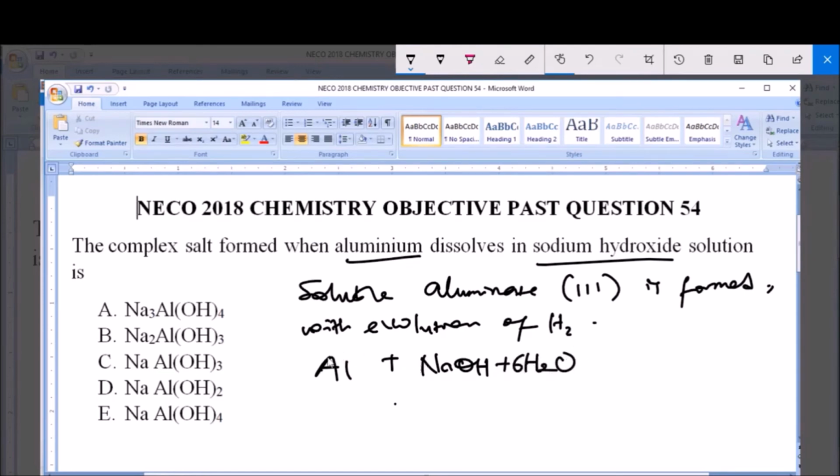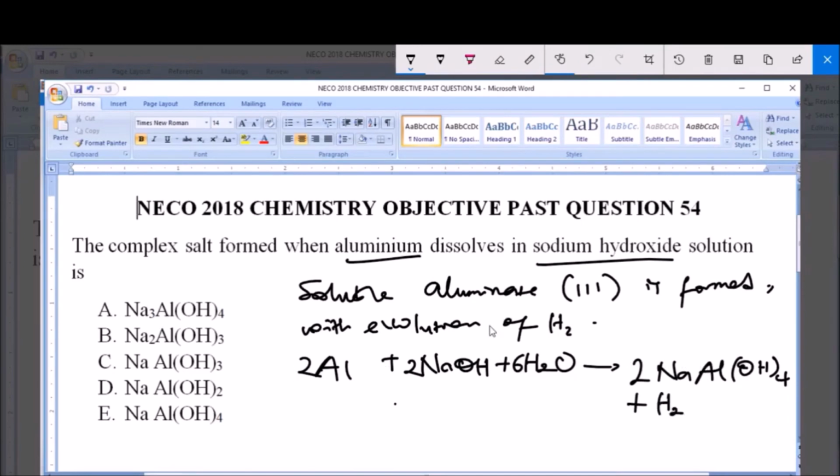So we require 2 moles of aluminium to react with 2 moles of sodium hydroxide, and this will give us 2 moles of soluble aluminate 3, which is NaAl(OH)4. Then, like I said, plus the hydrogen gas.